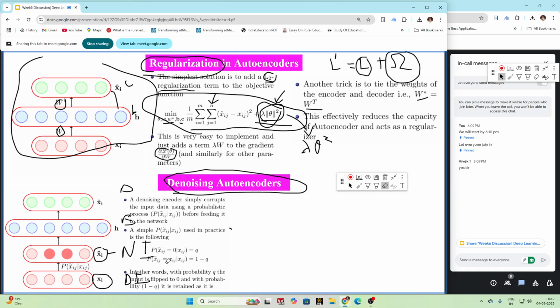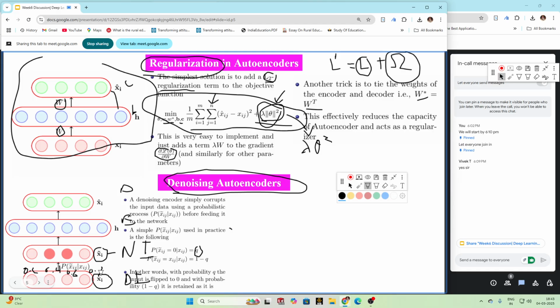In a denoising autoencoder, we can use different types of noise for our data. One simple practice is that we set a value q. Say we have inputs in the range of 0 to 1, like 0.2, 0.4, 0.6, 0.8.